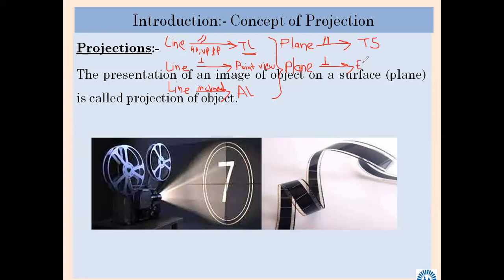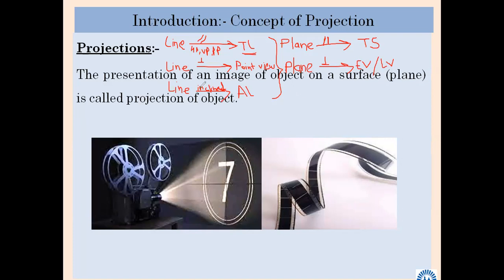It is called edge view, or it is also called line view. E for edge, L for line, V for view. So here it was showing point view, here it is showing edge view.